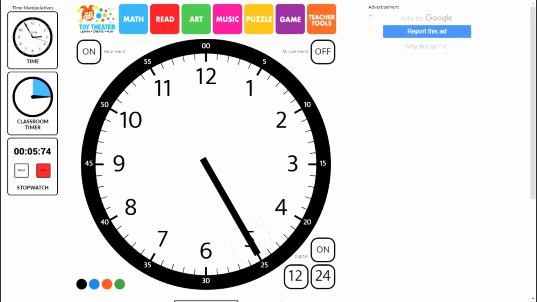Well, the thing that we can do is we can count the minutes. We start at 1, but we count it as 5. Remember? We will count by skip counting of 5. So we will go 5, 10, 15, 20, and 25. 25 minutes has passed since 4 o'clock.